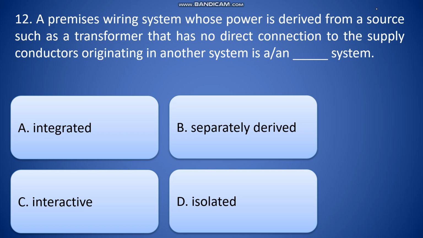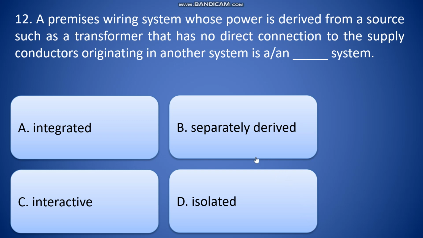So, a premises wiring system whose power is derived from a source, such as a transformer that has no direct connection to the supply conductor originating in another system, is an no direct connection. So, it cannot be isolated.